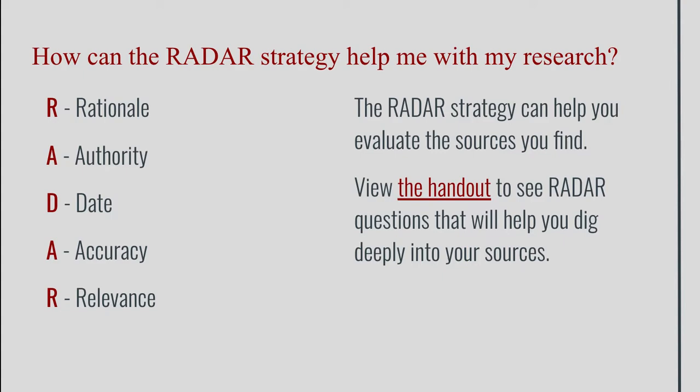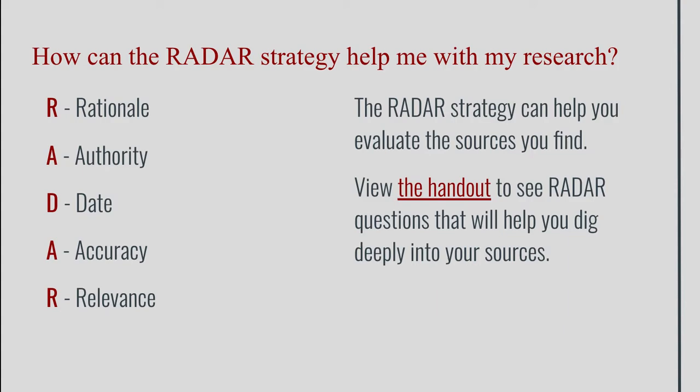Now the accuracy is important to consider because errors can distort a line of reason. When evaluating for accuracy, we can ask certain questions such as, are there statements you know to be false?